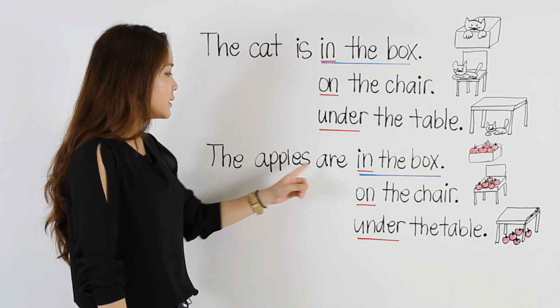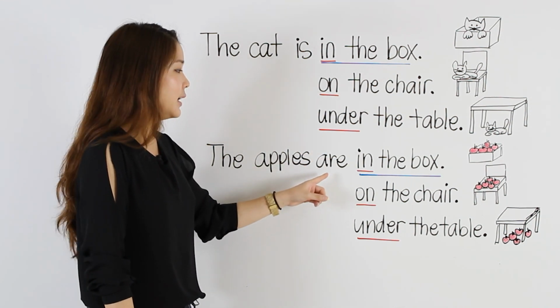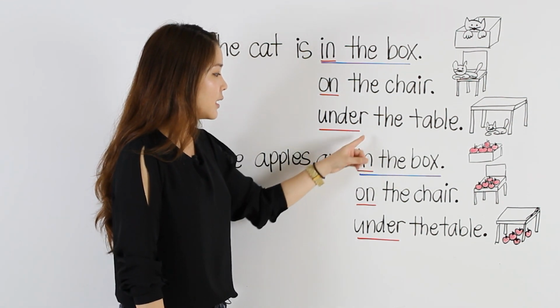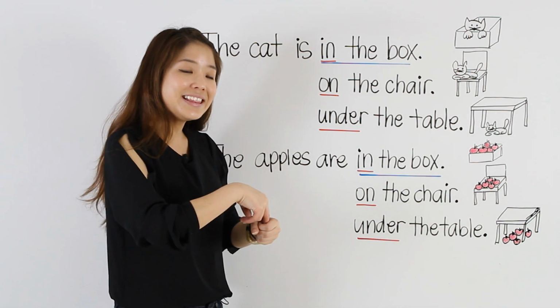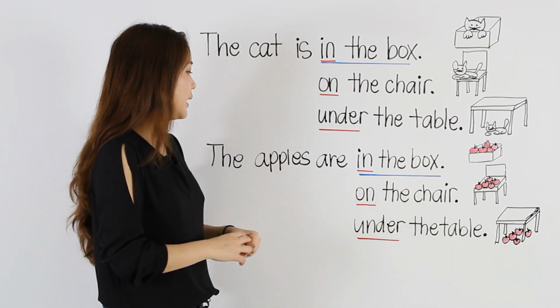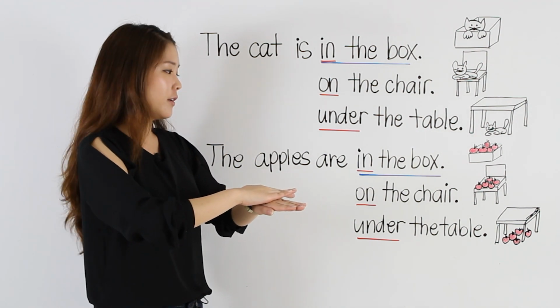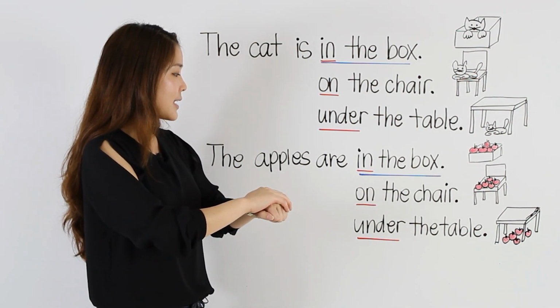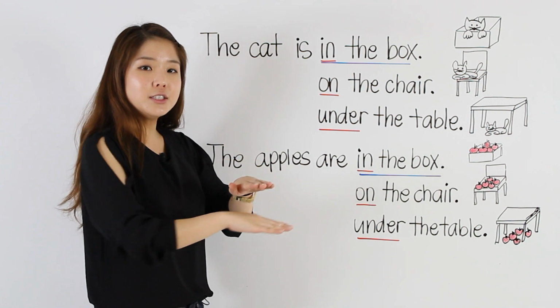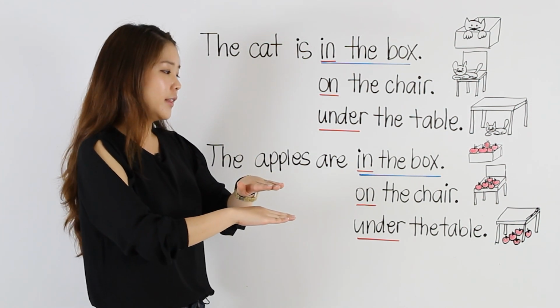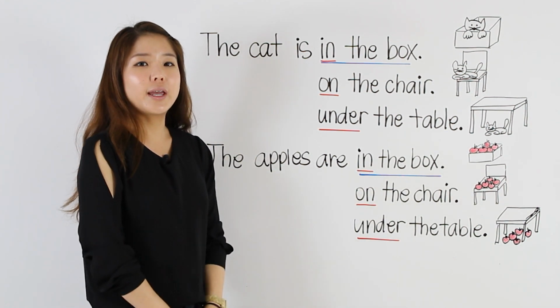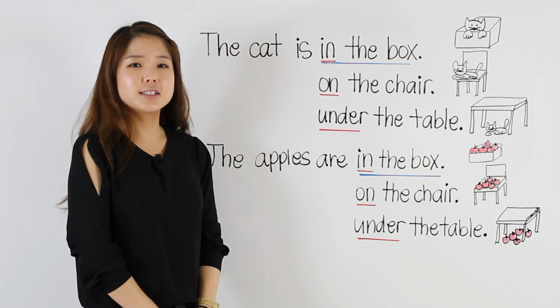The apples are, okay, in the box. Again, the apples are in the box. Okay, next, the apples are on the chair. And last, the apples are under the table. Okay, let's look at some more examples.